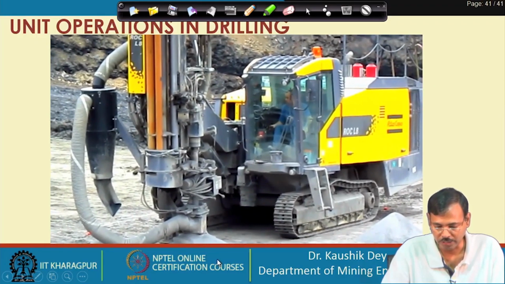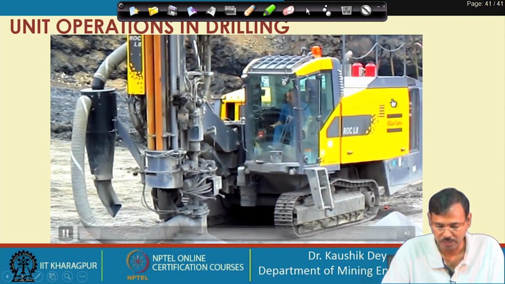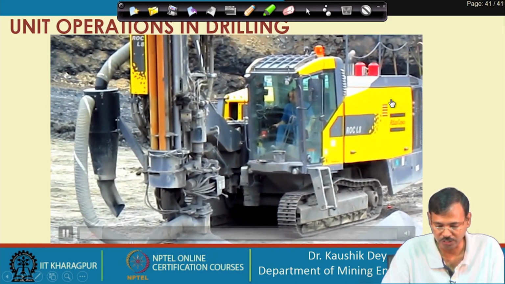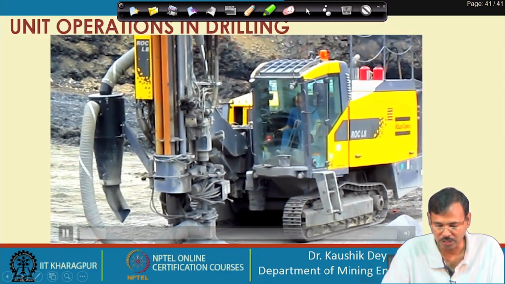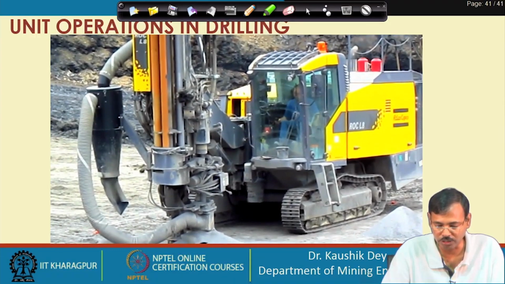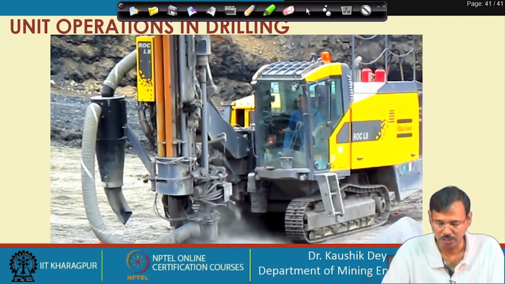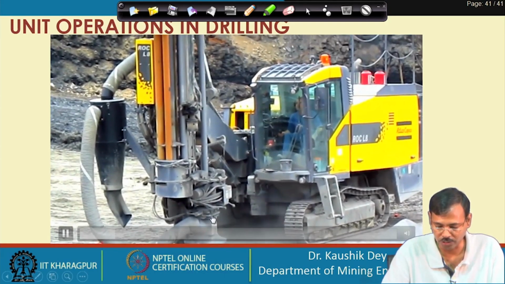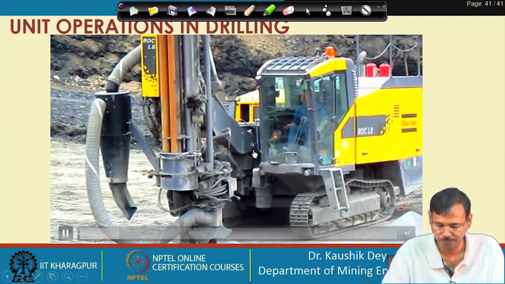This is now again tying with the rod which is remaining in the lower part, the first rod. So, it is now tying with that, you can see the rod is being tied with the shank adapter. Now, it is being lifted off, see the second rod is now being lifted off. So, before that the first rod was held with this pipe jack.